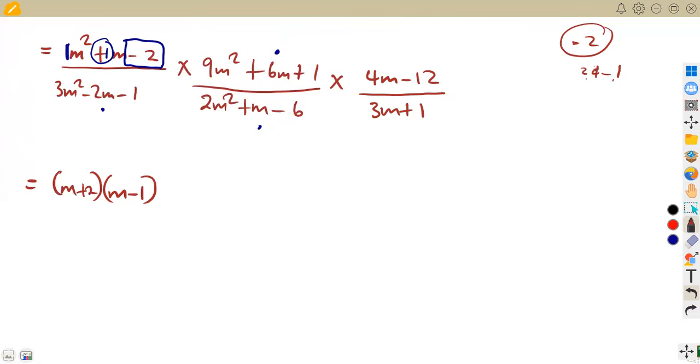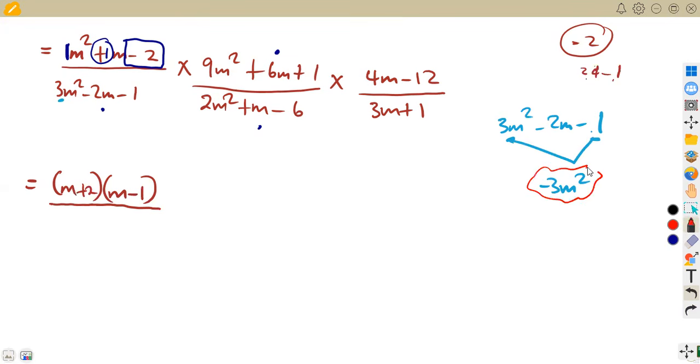All right, if we check this one, we are back to that one that we had. The coefficient here is no longer a 1. So what are we going to need there? We are going back to our basics. 3m squared minus 2m minus 1. You multiply the first term and last term, we get -3m squared. So what are the factors that we need from -3m squared? If we add them, they must give us -2m.